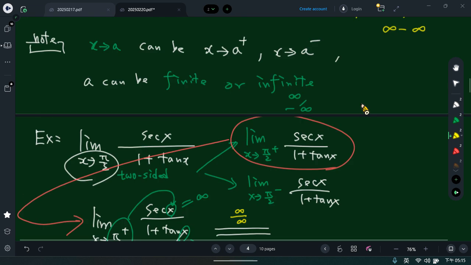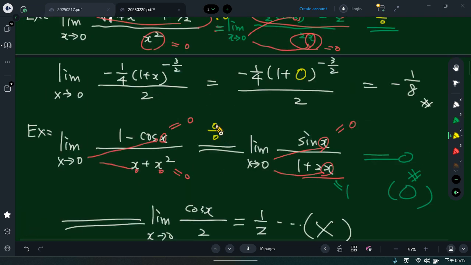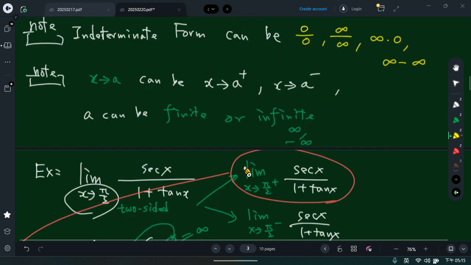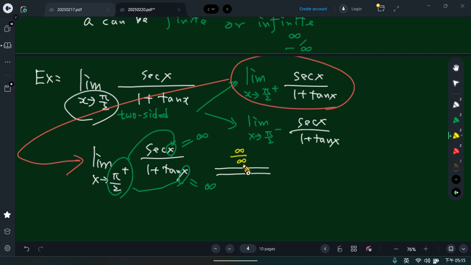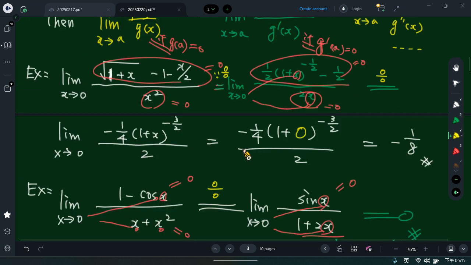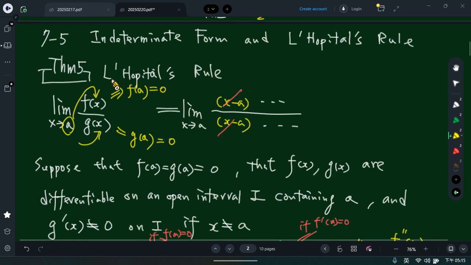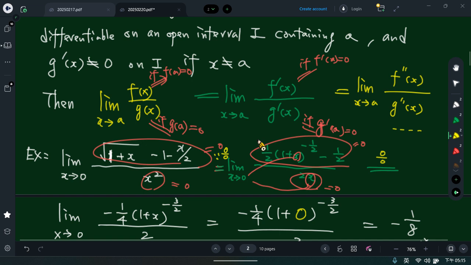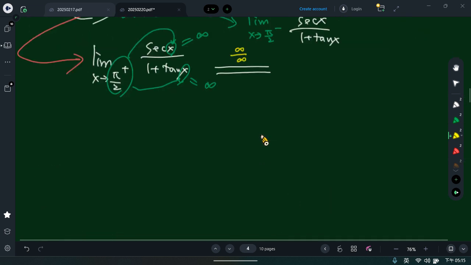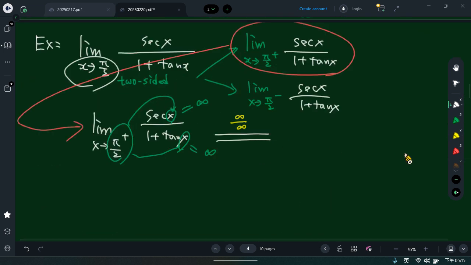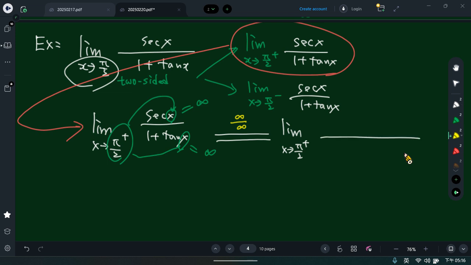In the past, we just encountered 0 over 0. If we encounter infinity over infinity, we still can apply L'Hospital's rule to solve this problem. So we differentiate secant x, and after we differentiate, we get secant x tangent x.